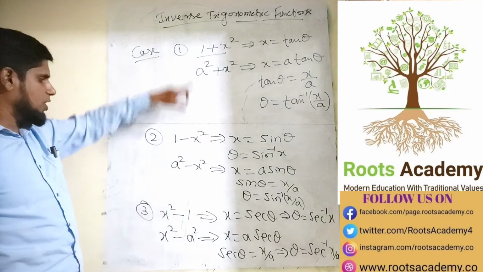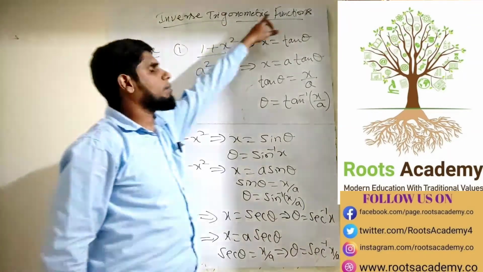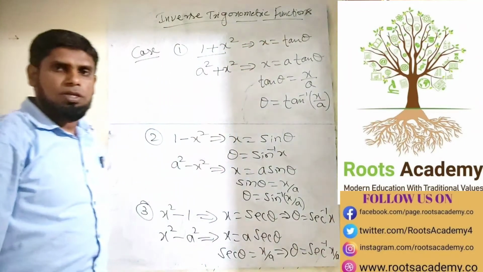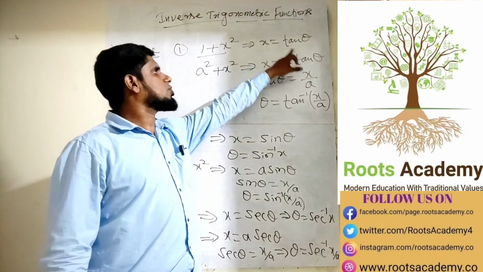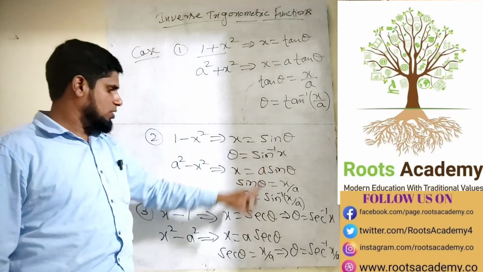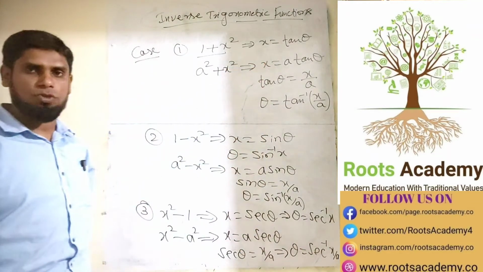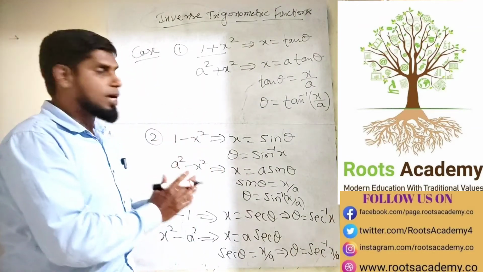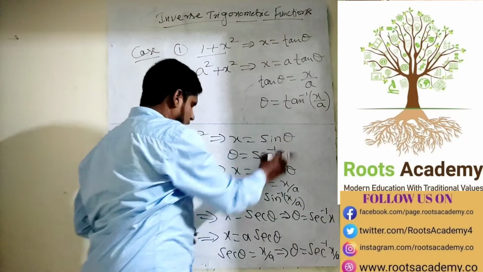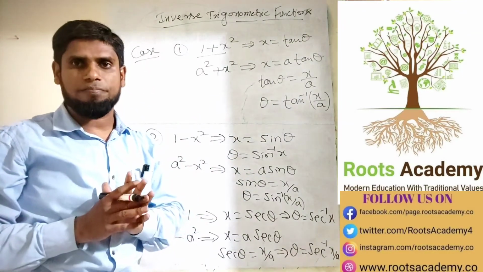And these are the three cases we will follow to find the derivative of inverse trigonometric functions. Since it's very easy, here you have taken only ratios of trigonometric functions, not any co-ratio. And student, the moment we substitute x is equal to tan, sin or secant, make sure that we are getting a direct formula.